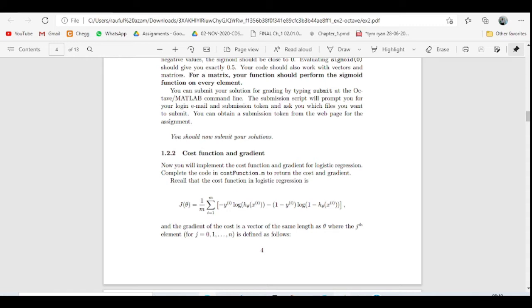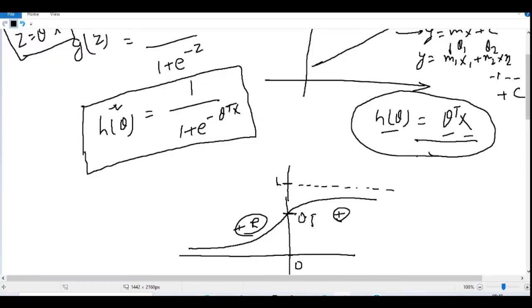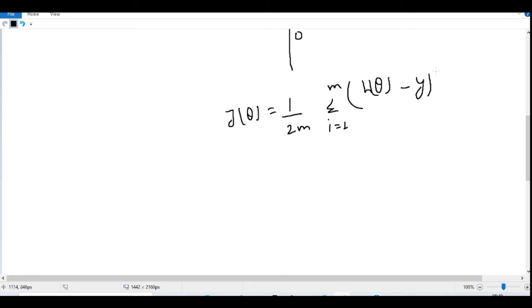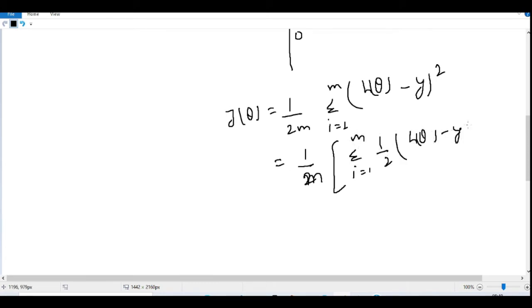As we know, in linear regression the cost function was 1 by 2m, summation of i equal to 1 to m, of h theta minus y whole square, where h theta is the hypothesis for linear regression. I can also write this as 1 by m, summation of i equal to 1 to m, of 1 by 2 times h theta minus y whole square.